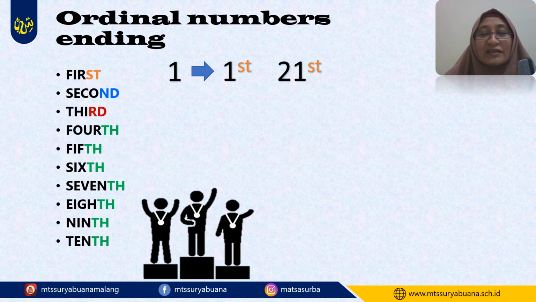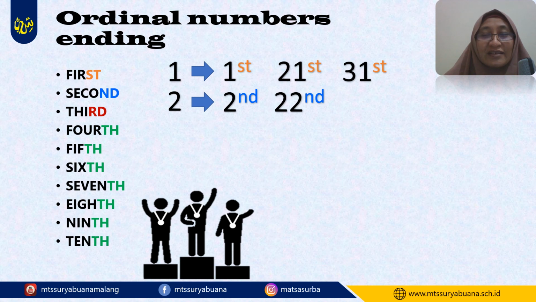So this is read as first, 21st, 31st. What about number 2? Okay? To show an ordinal number, we write the symbol of 2 and with ND. Second, this one is 22nd, 32nd.